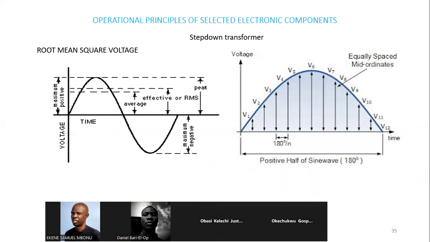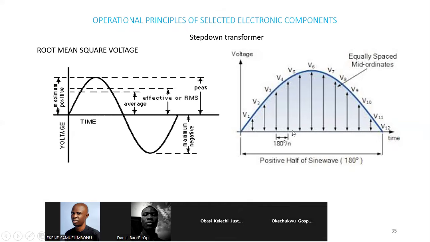Now, let's discuss root mean square voltage. We understand that a sinusoidal signal is not steady. It changes from positive to negative. Are we on the same page with respect to that? Yes, sir.